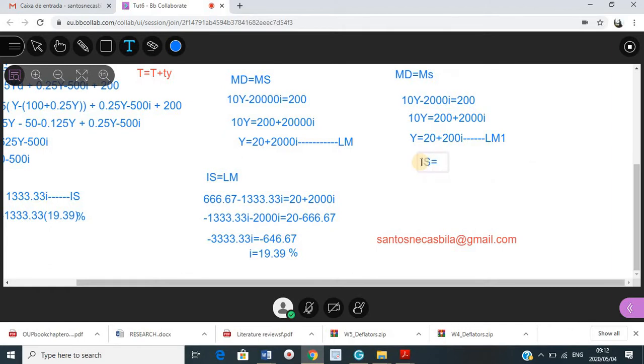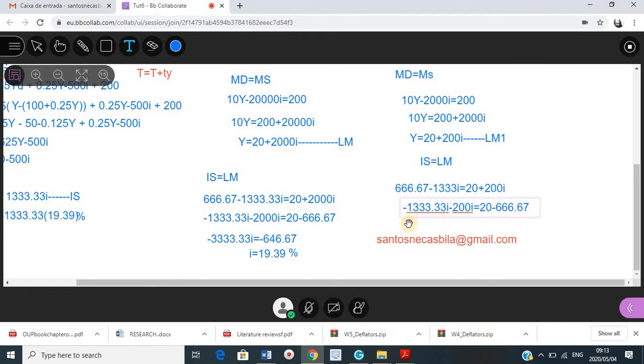IS should be equal to LM, and we say 666.67 minus 1333I should be equal to, in this case, 20 plus 200I. We are just going to group the common factors, and we will have minus 1333I minus 200I should be equal to 20 minus 666.67.